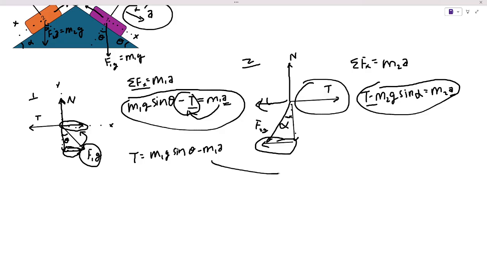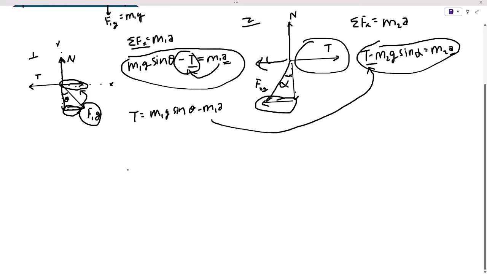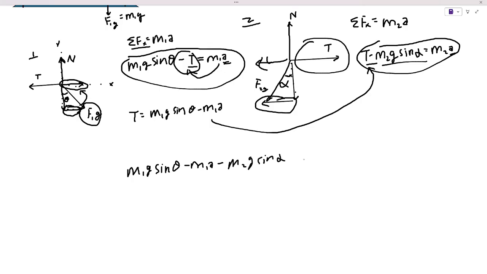We can go ahead, plug this all the way over here. I'm going to write this whole thing, m1g sine theta minus m1a, minus this part right here, m2g sine alpha, that equals m2a.